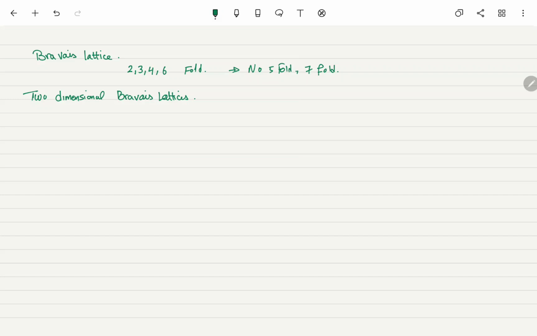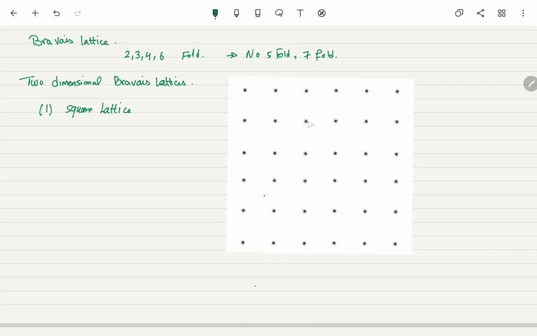Let's start defining two-dimensional Bravais lattices. In 2 dimensions, there are only 5 Bravais lattices. First, a square lattice. In the square lattice, the primitive vectors A1 and A2 are the same in magnitude. This is A1 and this is A2, and the angle theta is equal to 90 degrees.